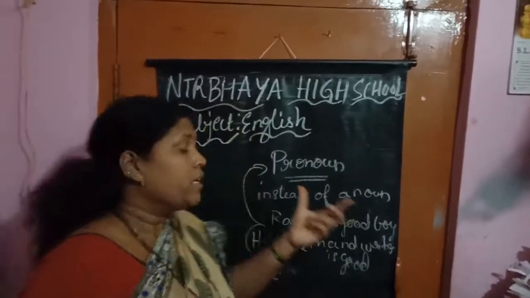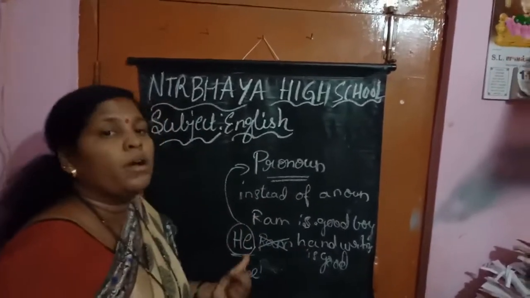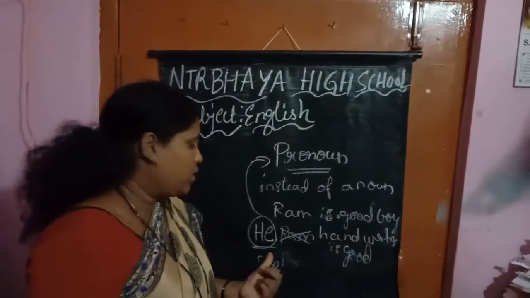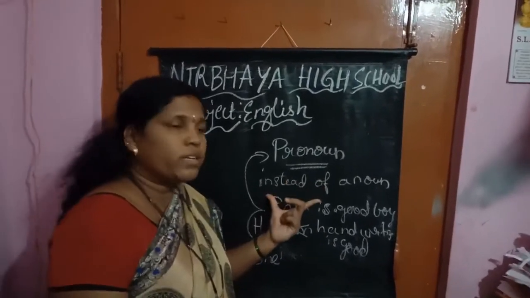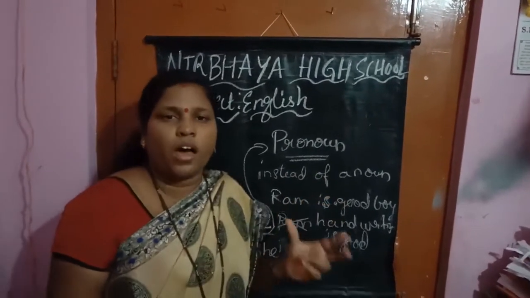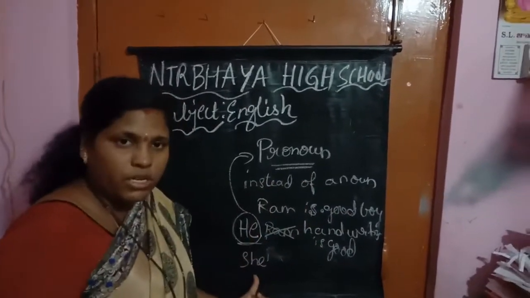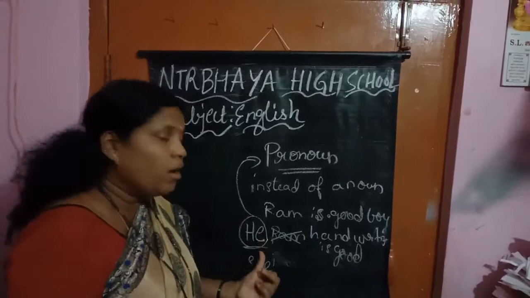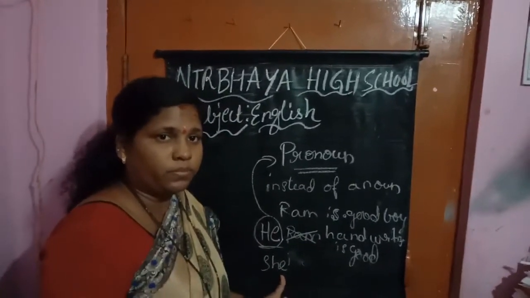Understood, children? Instead of a noun, we are using these words, and those words are pronouns. Like he, she. These are pronouns, and more pronouns are there. We will see now.